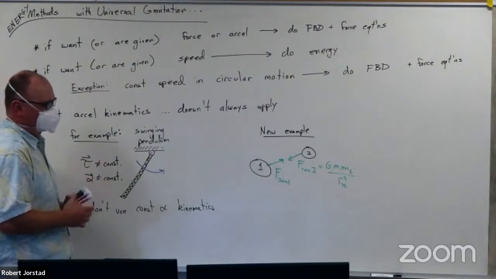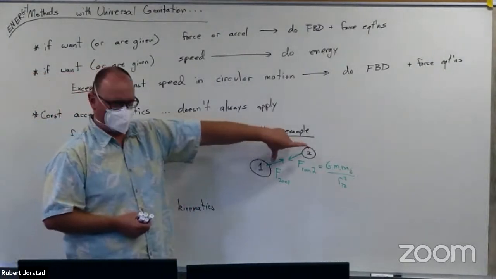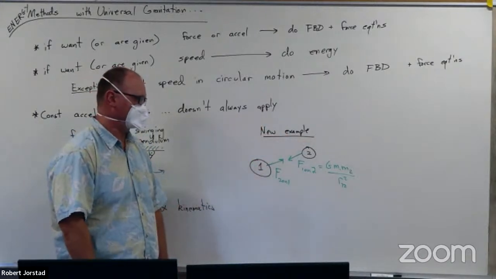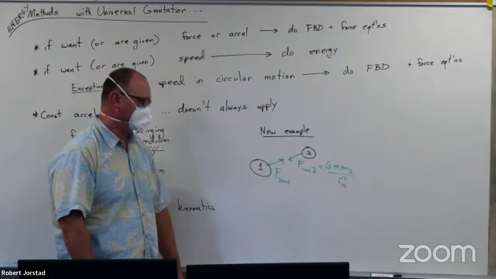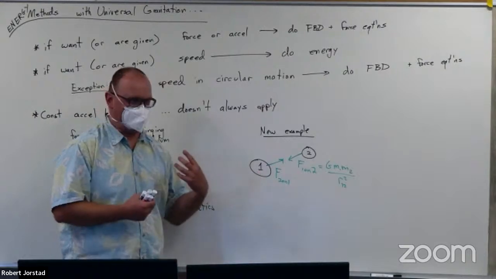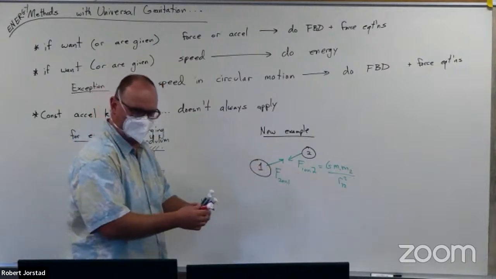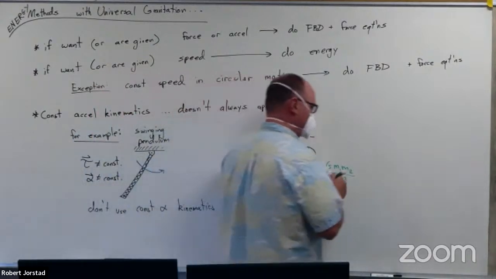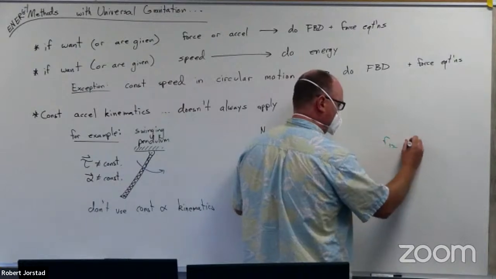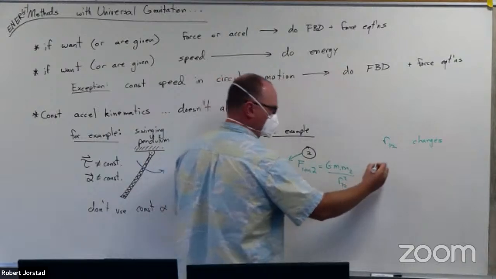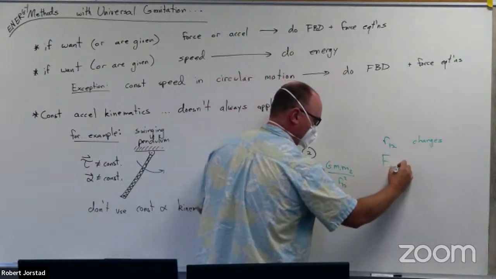Now look, if I release these two objects from rest and there's gravity, what's going to happen to them? They're going to come together, right? Is the radius going to change? Yeah. So r_12 changes. What about force 1,2? Is that going to change?